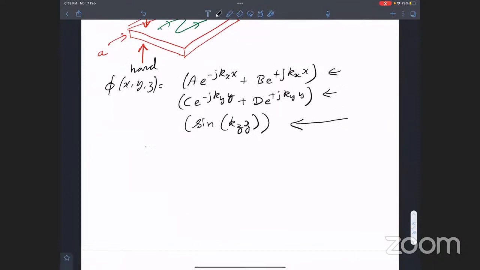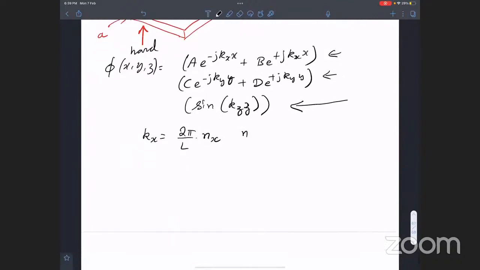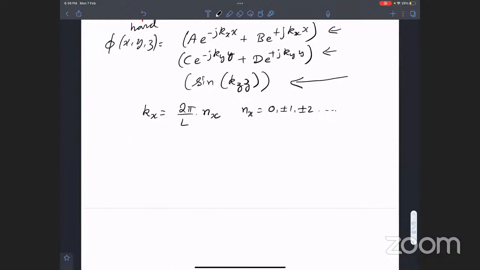Conditions are the following. Now, kx can take any value 2 pi by L into nx, where nx can be 0, plus or minus 1, plus or minus 2, and so on, where nx is our kx quantum number, and we can choose a similar thing for y, where ny is again such a quantum number.